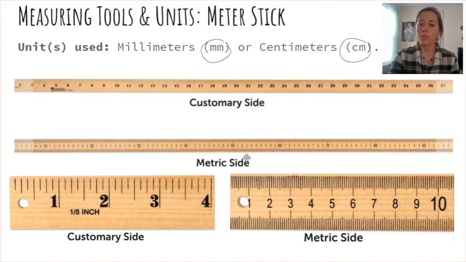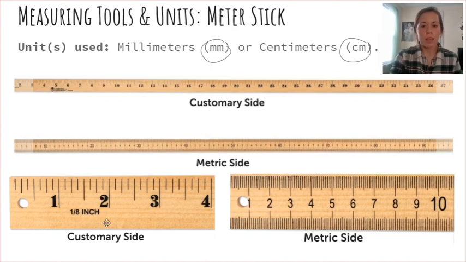But meter sticks are more often used in the metric system, or the metric side here. So I provided an example of that as well. And you can see that it takes about 100 millimeters to make 1 meter stick, right? So you can see here that this is the metric version of the meter stick. This is the customary version. Customary is inches and feet. Metric is millimeters and centimeters and meters.